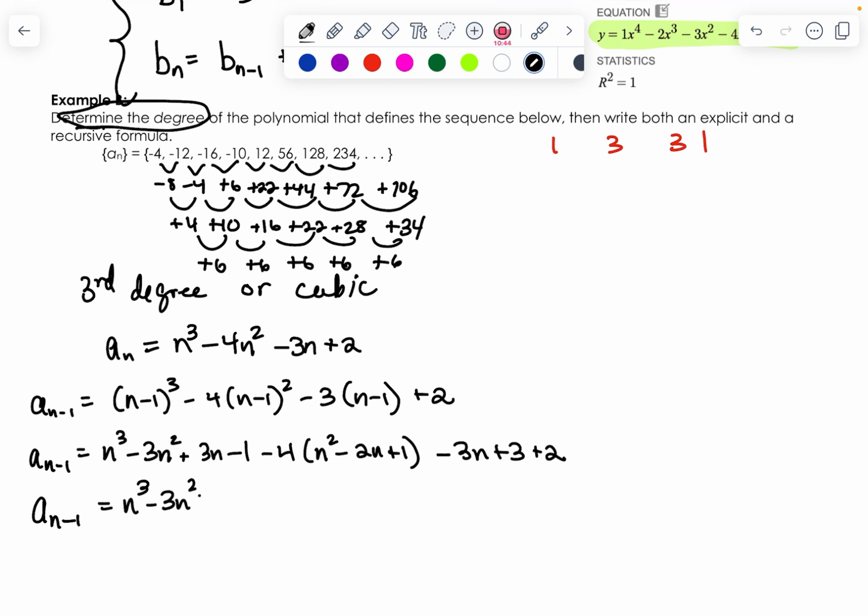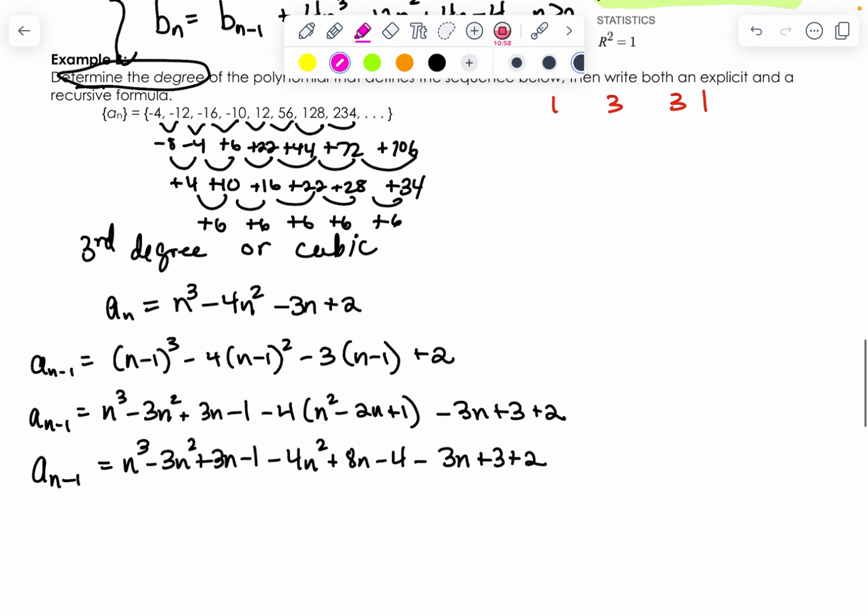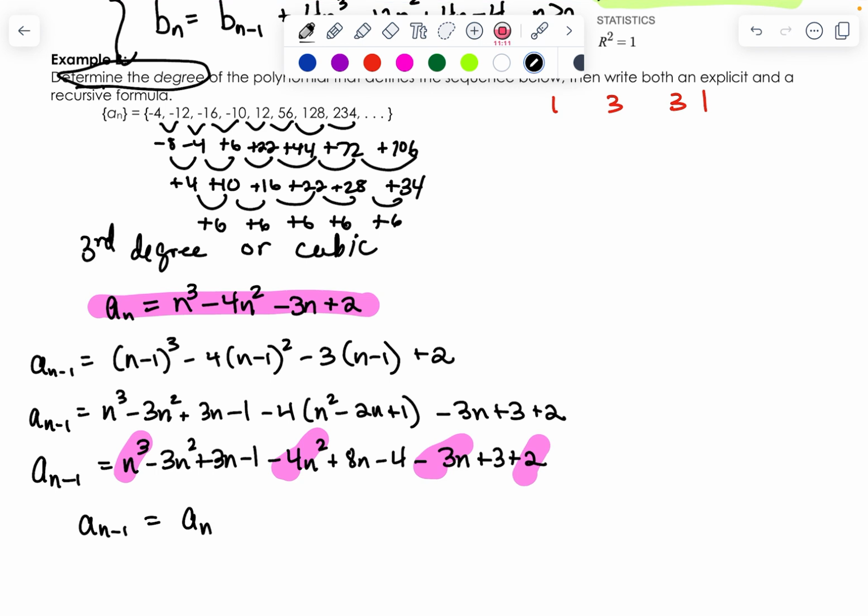And the reason why is you're trying to find a sub n embedded in this expansion. Okay, so here's my a sub n. So here's n cubed minus 4n squared minus 3n plus 2. So this is a sub n minus 1 is a sub n.